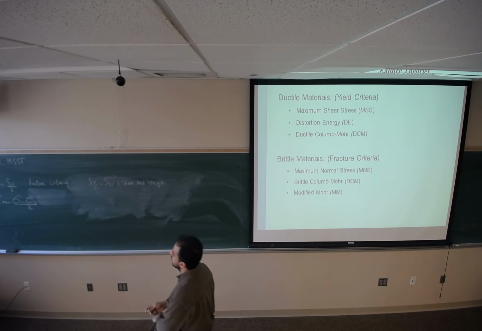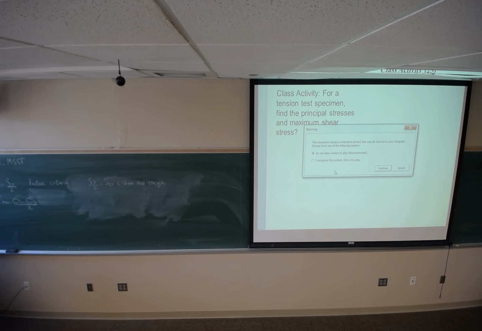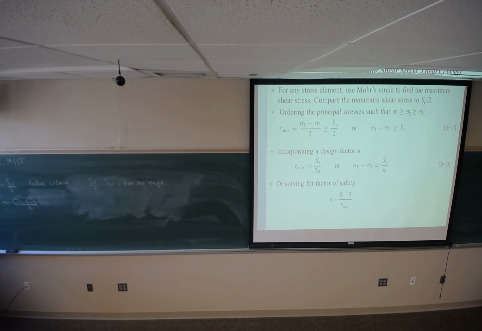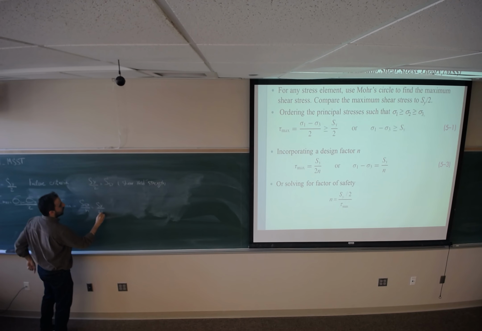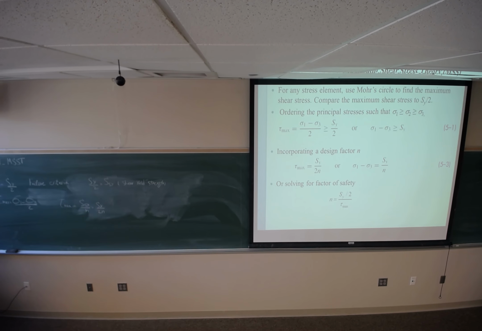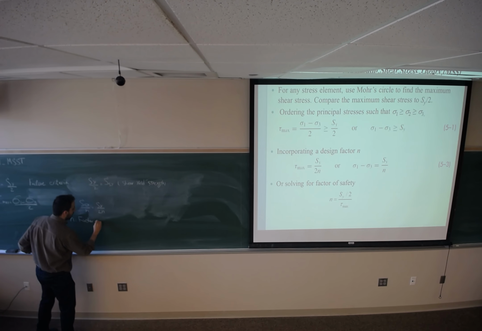If you want to incorporate the factor of safety, instead of using this, we should use this, Ssy divided by N, or Sy divided by 2N. N is factor of safety.